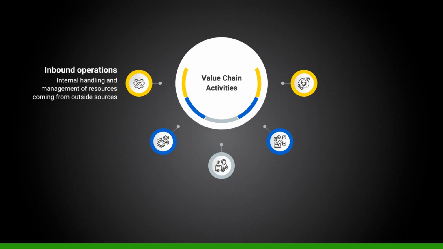These outside resources flowing in are called inputs and may include raw materials. Operations: activities and processes that transform input into output, the products or services being sold by the business that flow out to the customer. These outputs are the core products that can be sold for a higher price than the cost of material and production to create a profit.